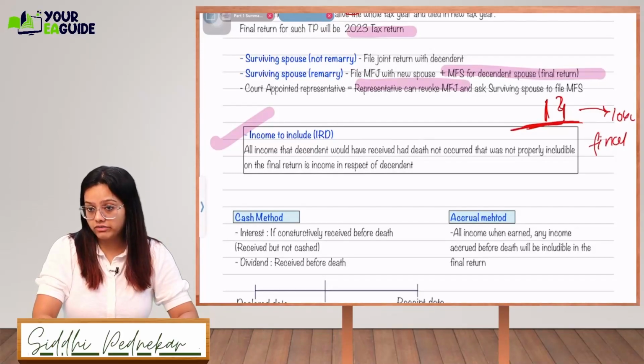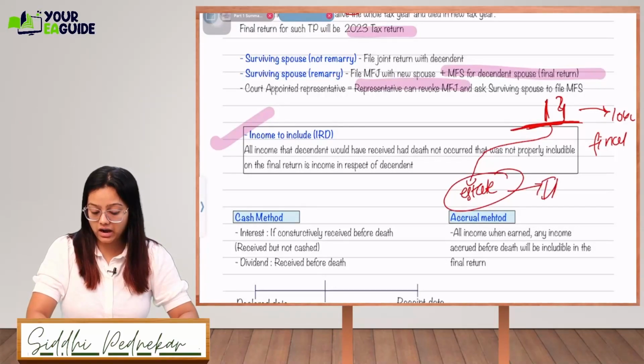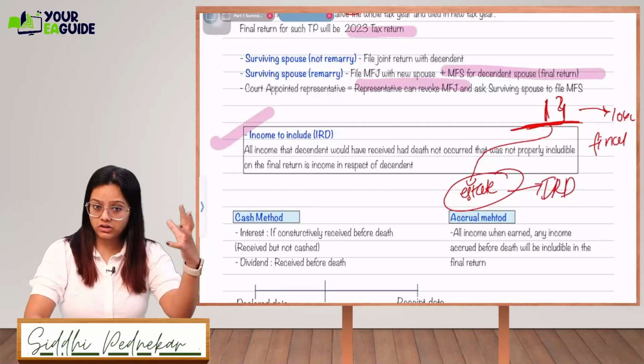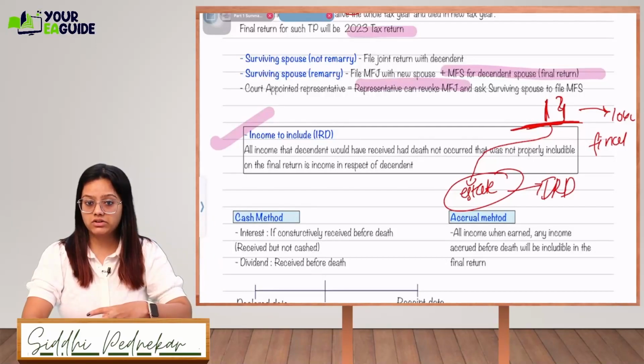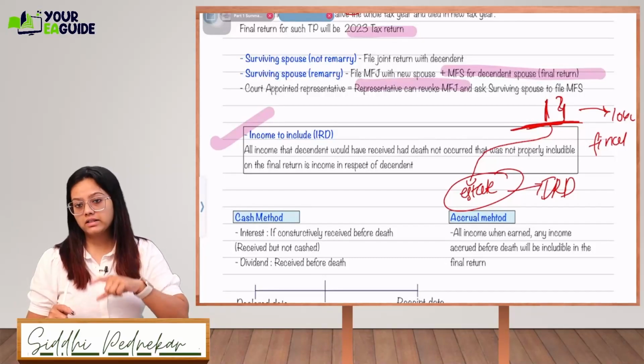But after the date of death, whatever income they are going to receive will be included in the estate return, and this income will be called IRD, income in respect of the decedent, but will be included in the estate return.